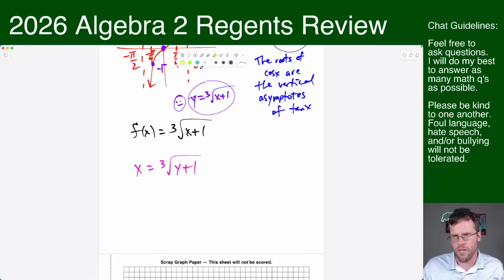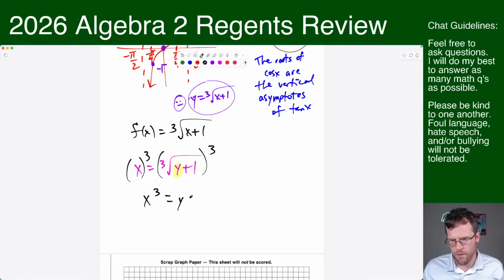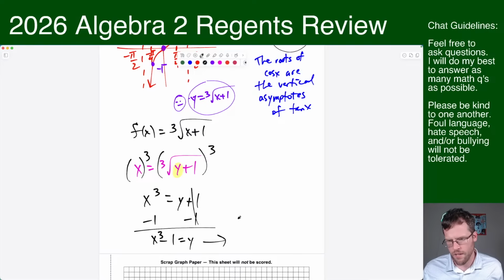And then you do the algebra to solve for y. So for something like that, you go, all right, opposite of cube root is power 3. So I raise both sides to the third. I get x to the third equals y plus 1. And then I subtract 1. And now it tells me x to the third minus 1 is equal to y, which I could then say my inverse function is x to the third minus 1.